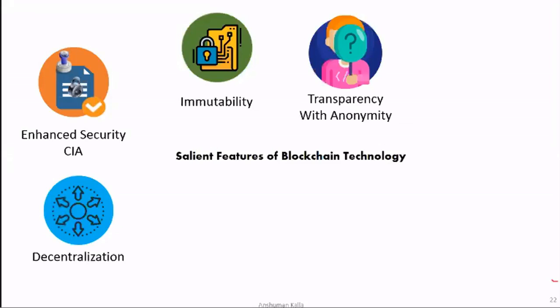Next is called transparency with anonymity. Now this is interesting because there are different types of blockchain systems, and we'll go through them. Most of the time, if you talk about public blockchain systems, everybody is able to see what transaction is happening between which two accounts.